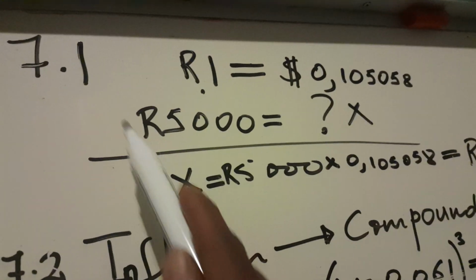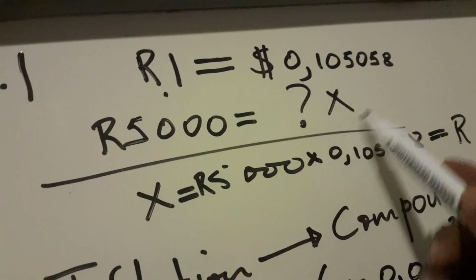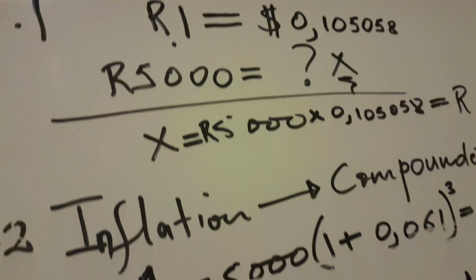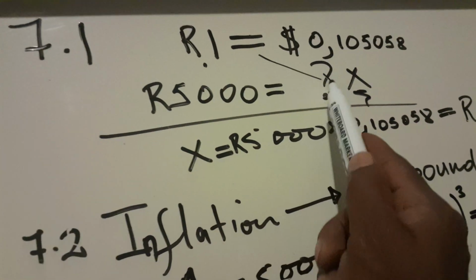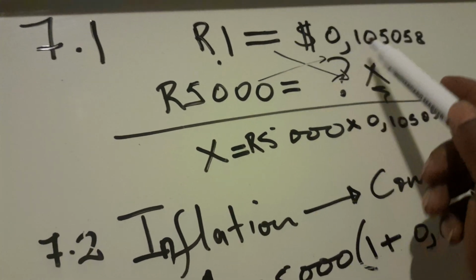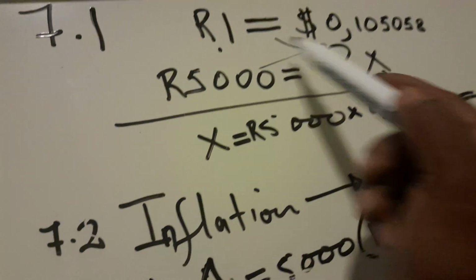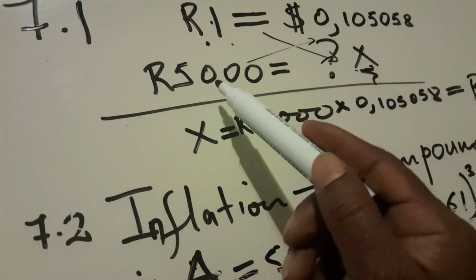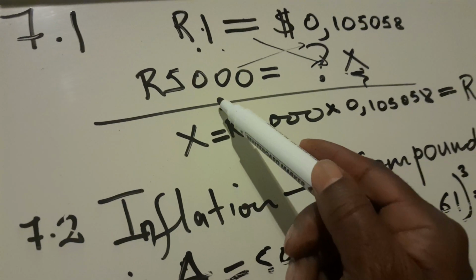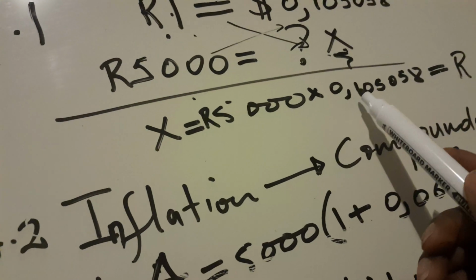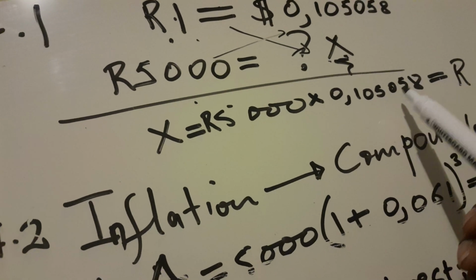How much is 5,000 rands? This is what we are looking for. We shall denote it as X. Cross multiply like that. So X, the unknown, is equal to 5,000 times 0,105058.